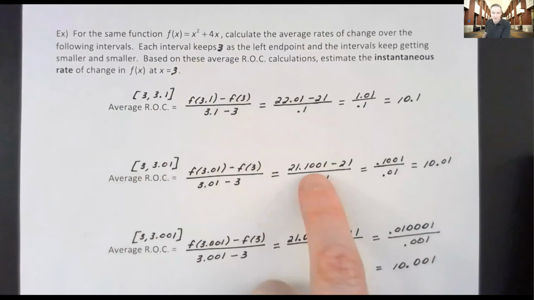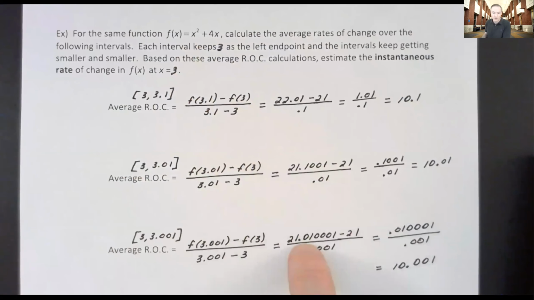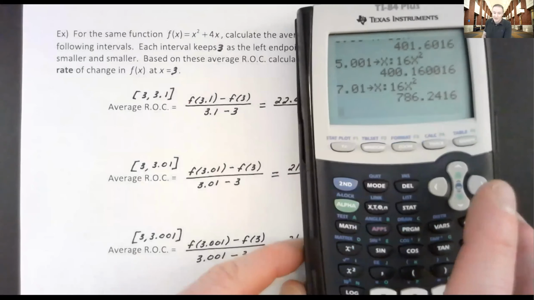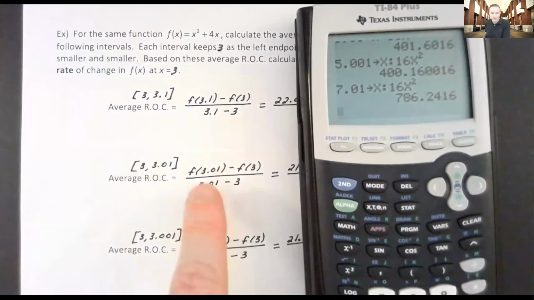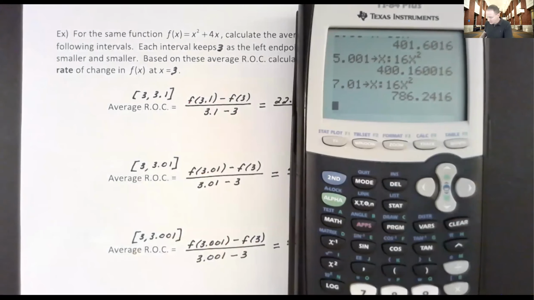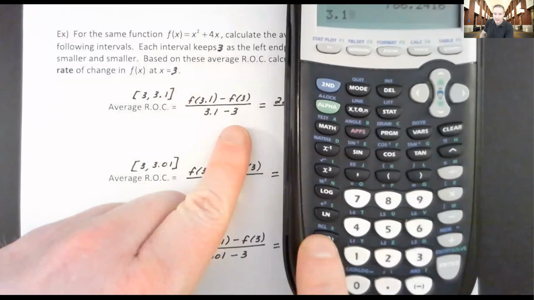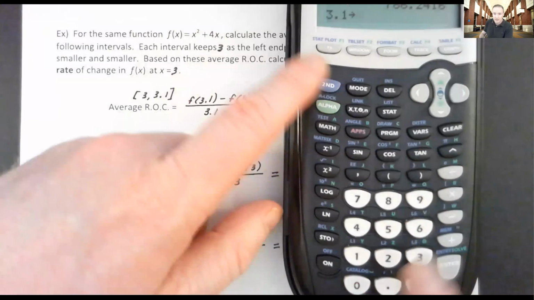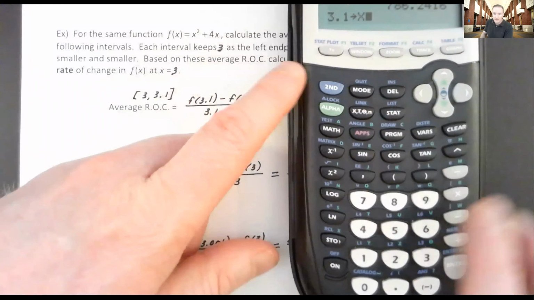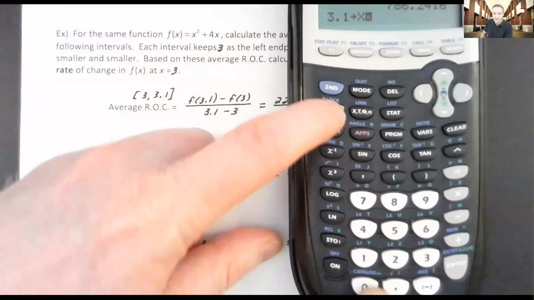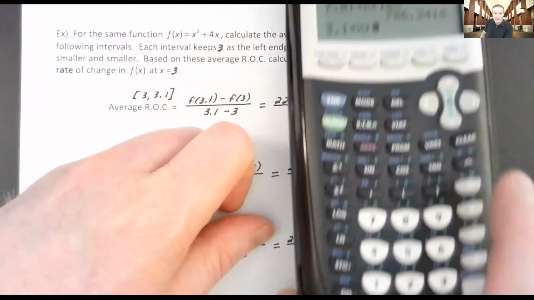If I just really wanted to show where all those first values come from, it just comes from plugging in a 3.1, a 3.01, and a 3.001 into my function. So I'll start with 3.1, and I'm going to insert that by hitting the store button in for x, and then I'll hit colon, alpha, decimal. Now I type in my function.